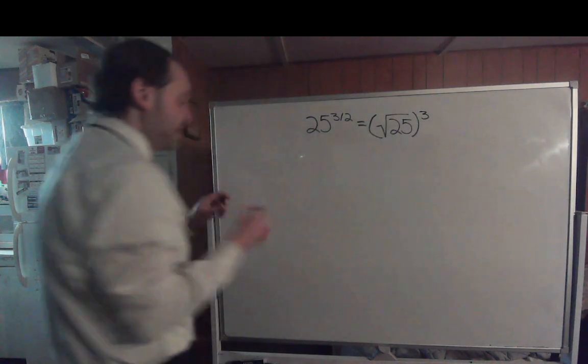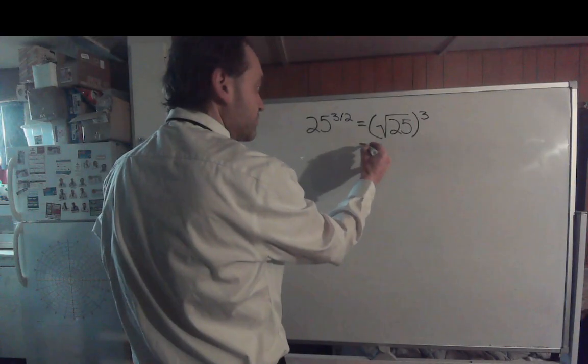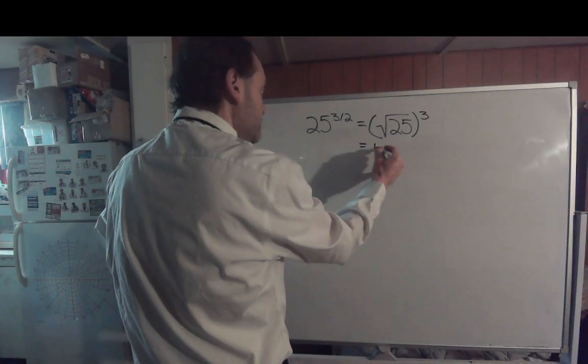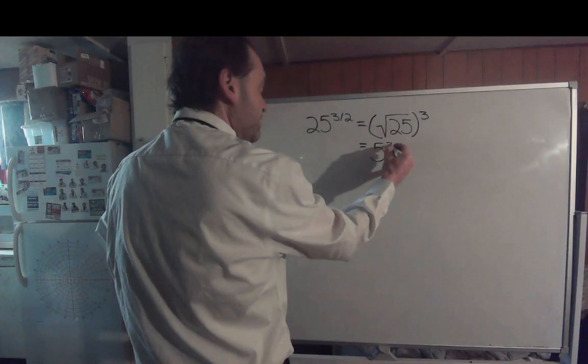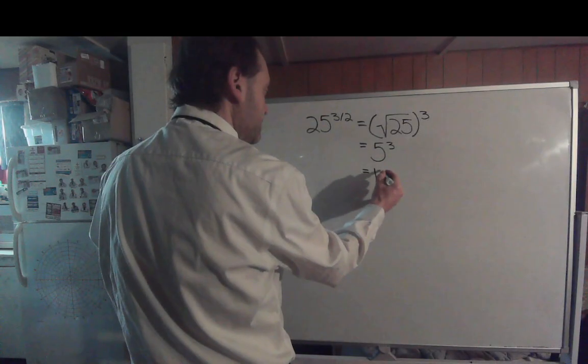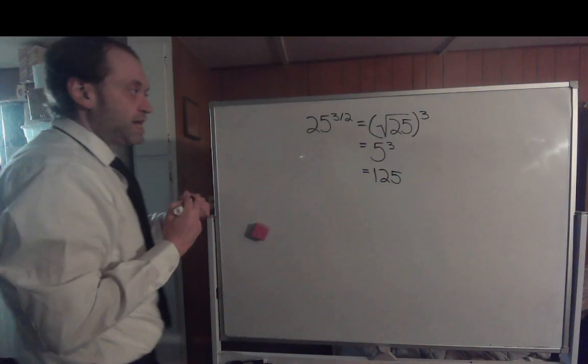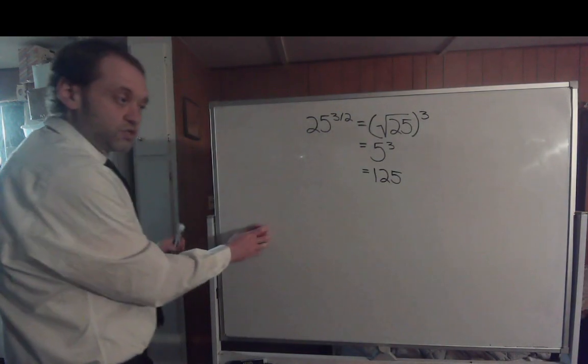So what I really have is the square root of 25 raised to the 3rd power. Well, what's the square root of 25? That's going to be 5, then raised to the 3rd power. Well, what's 5 to the 3rd power? That's 125. So 25 to the 3/2 power would end up being 125.